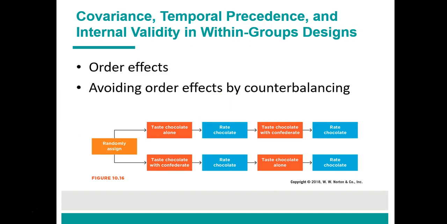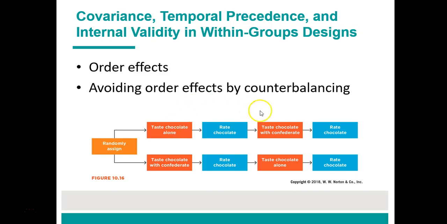So in this experiment, we've got how does chocolate taste the best, if you're eating chocolate alone or with someone in the room? So we have someone taste chocolate alone, rate the chocolate, then taste chocolate again with someone in the room, a confederate, and then rate the chocolate.